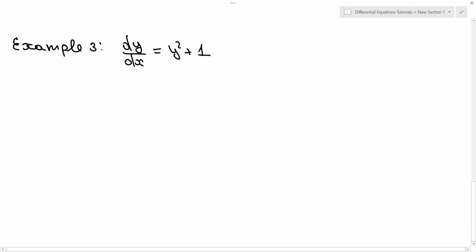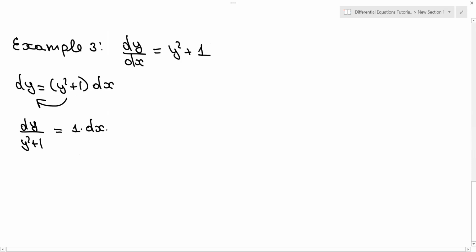We can multiply everything by dx, so we have dy is equal to y squared plus 1 dx. But we don't have any x in this example, so what are we going to do? First of all, we move every y under the dy, so we have y squared plus 1. And we have here 1 times dx. If we don't have anything, it means that there is a 1. So we just write it like this.